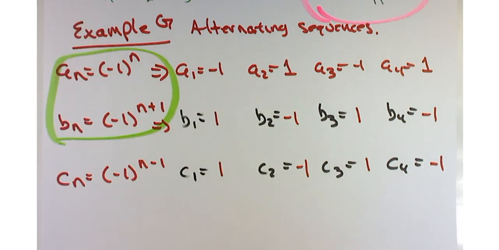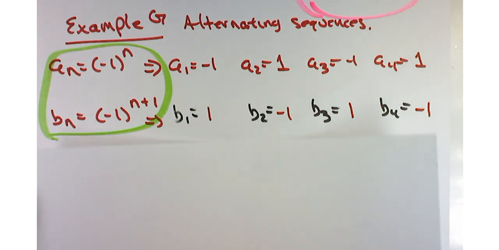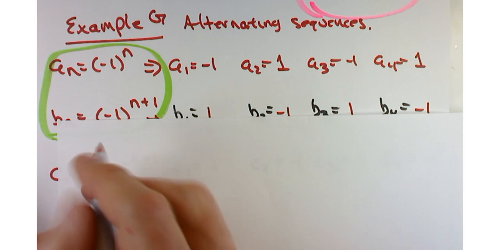Let's take a look at example G, and we'll finish that up. And so how does B sub 1 plugged into that equation equal 1? Good question. Let's take a careful look.